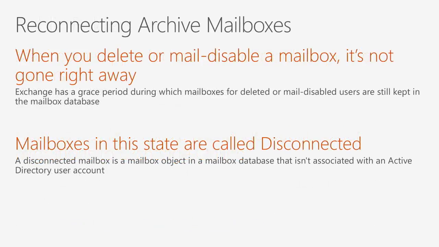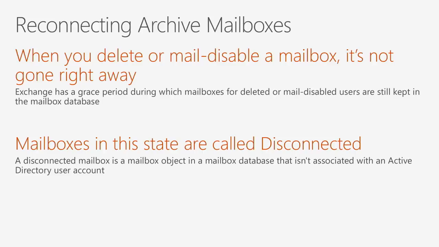All right, archived mailboxes. We had this mantra for years that a mailbox is a mailbox is a mailbox is a mailbox. But the fact of the matter is they're not all completely treated equally, especially from a management standpoint. Now, with respect to a primary archive mailbox, the story is the same. If you delete them or if you mail disable them, it's not gone right away.